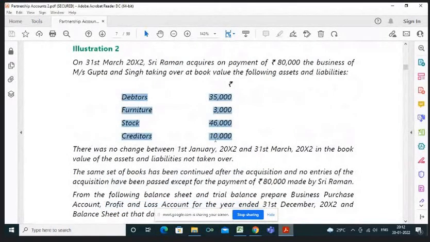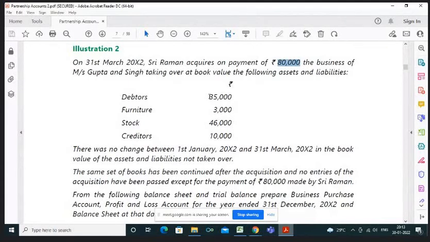And there is a purchase, and only some of the assets and liabilities are taken over, at an agreed value. So we have to ascertain the value of assets and liabilities taken over, and find out whether there is any goodwill.